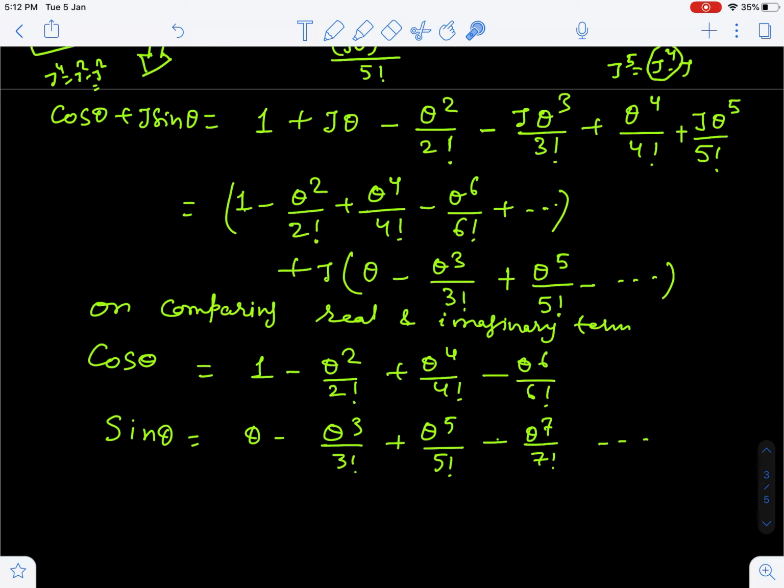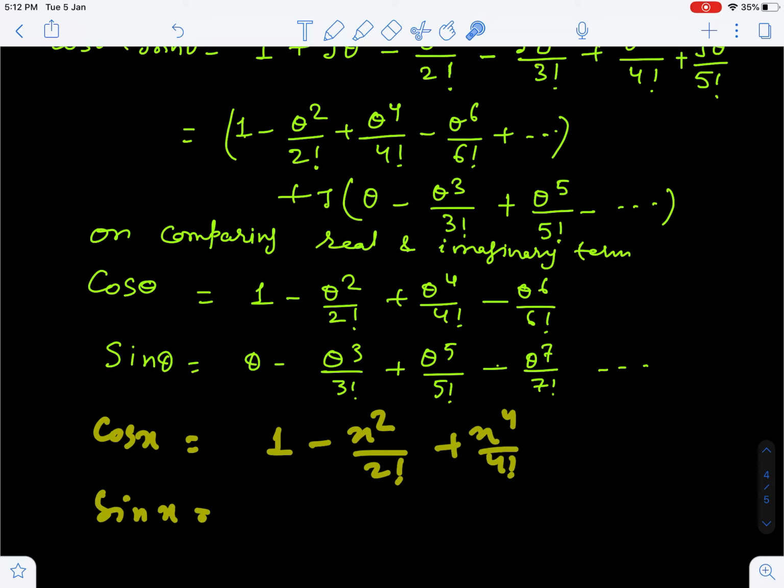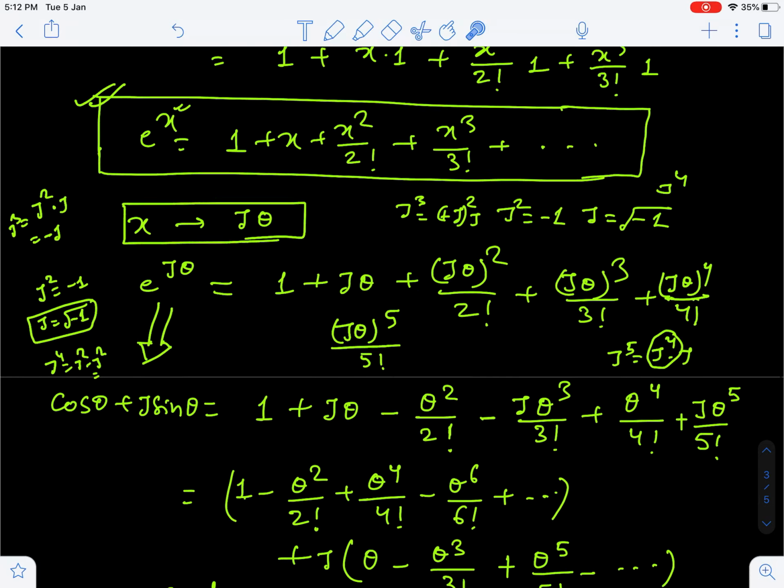So I have written, guys, cos theta is equal to 1 minus theta square by 2 factorial plus theta to the power 4 by 4 factorial minus theta to the power 6 by 6 factorial. Suppose I replace theta by x, so this will be 1 minus x square by 2 factorial plus x to the power 4 by 4 factorial, and sin x will become x minus x cube by 3 factorial plus x to the power 5 by 5 factorial, which I have written earlier.